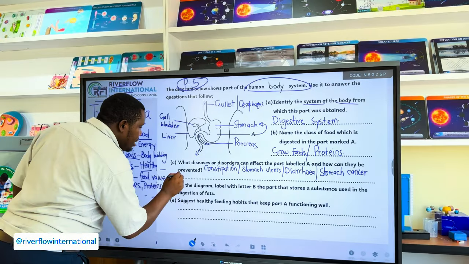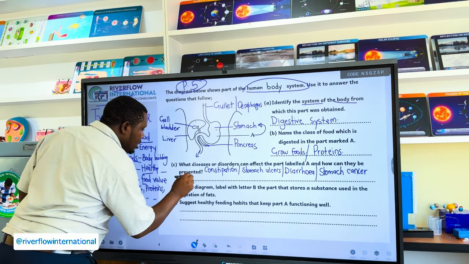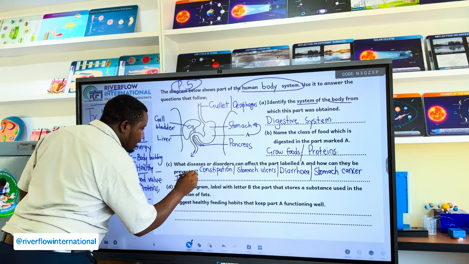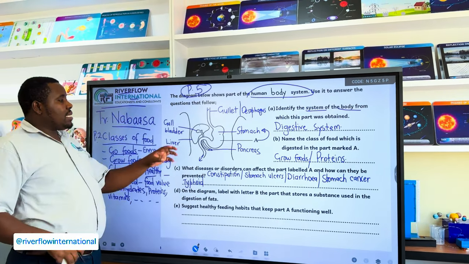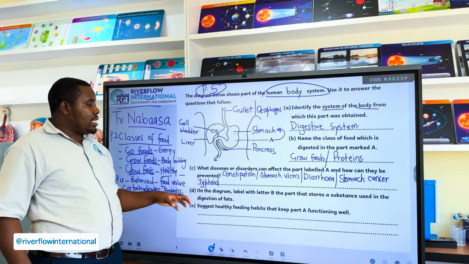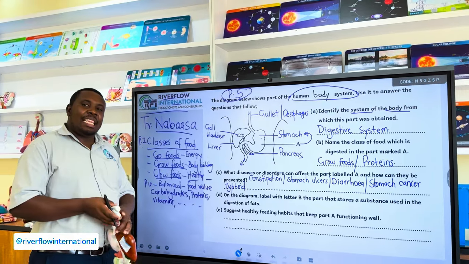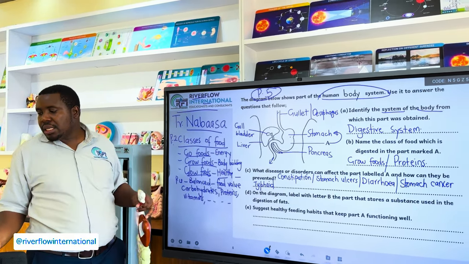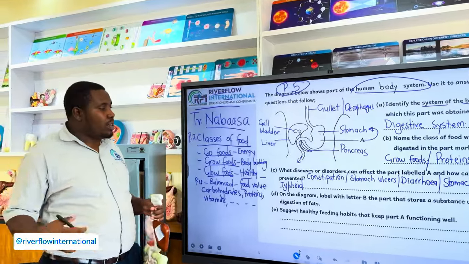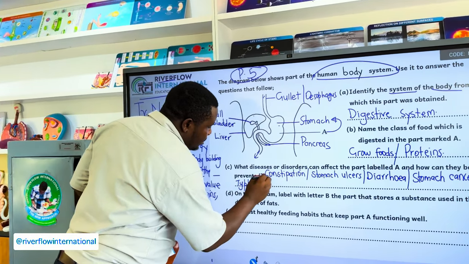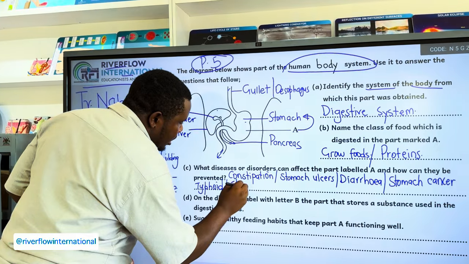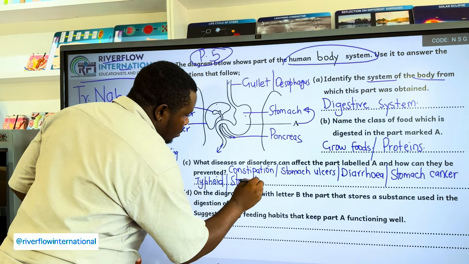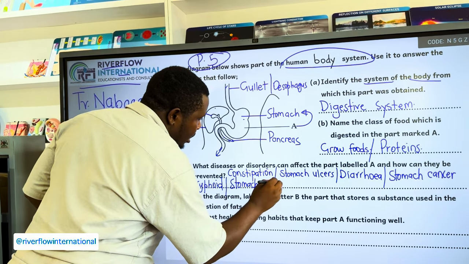It could even be typhoid. All these are some of the diseases and disorders that can actually affect this system. Maybe others could even be poisoning, could even be stomach or food poisoning.